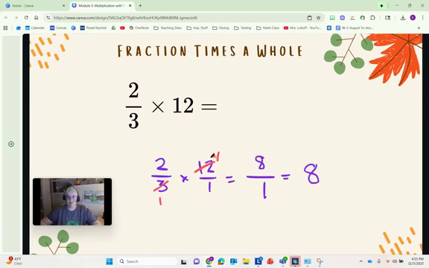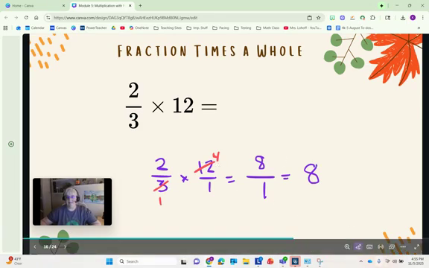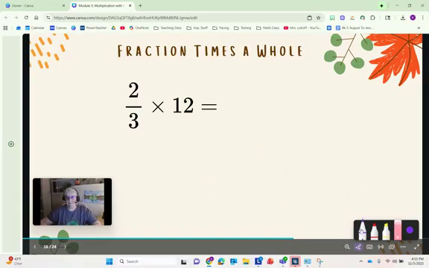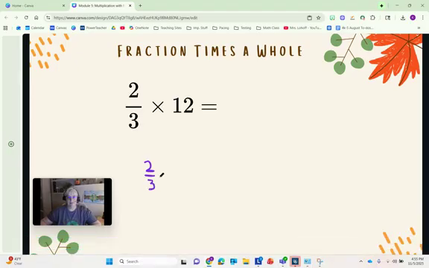Now, if I were to do that without removing these common factors, let's do it that way. Then we have 2/3 times 12 over 1, and we can just multiply straight across. 2 times 12 is 24. 3 times 1 is 3.